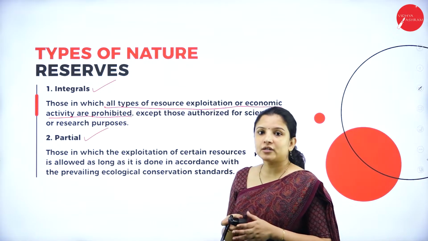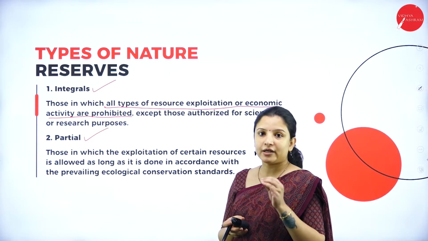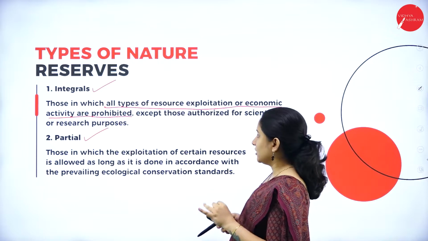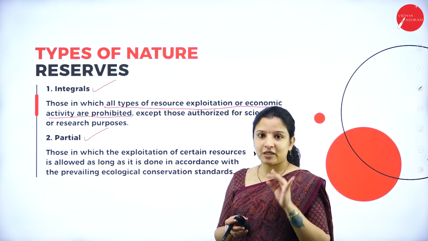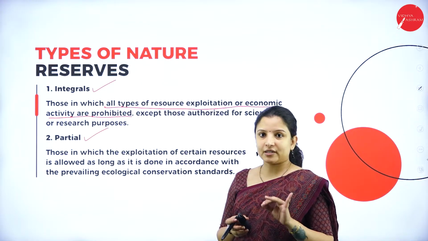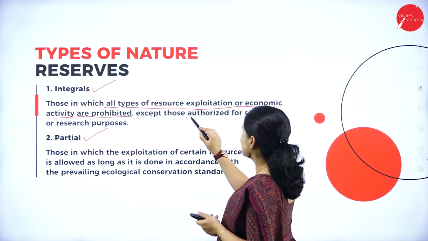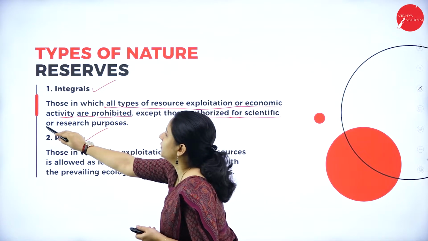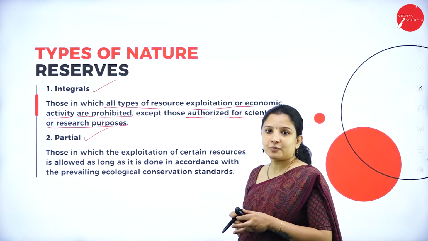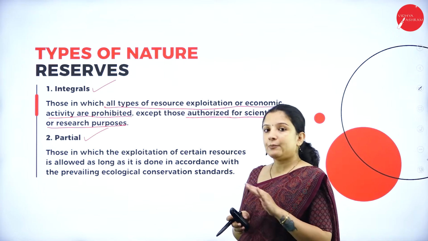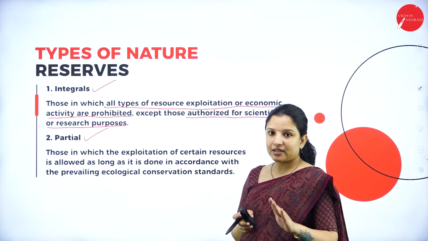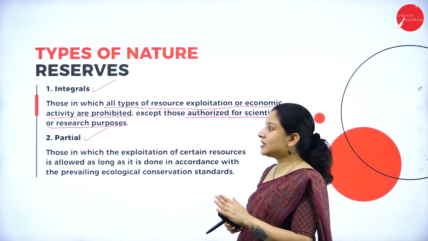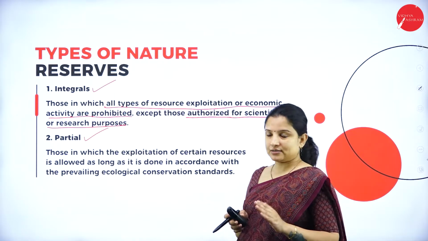The public are not allowed into these integral nature reserves except those who have the authority, that is the forest officials, those authorized for scientific or research purpose, who can enter that particular nature reserve. Apart from that, no other public is allowed and no recreational activities are allowed in the integral nature reserve.